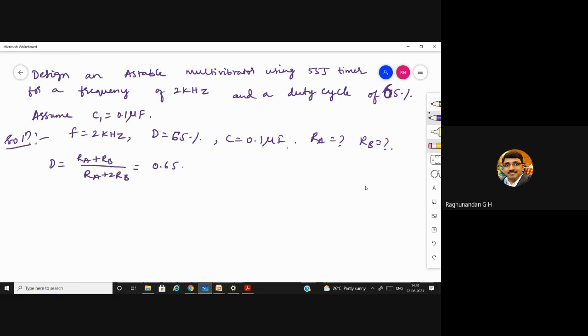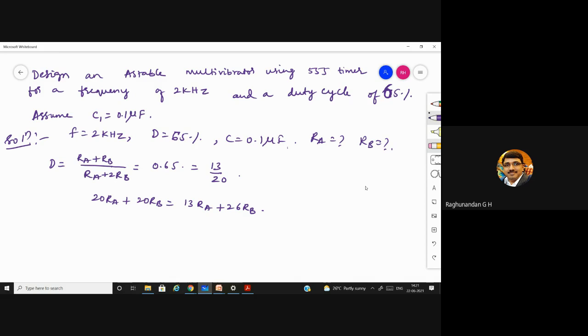Do we have any fraction which is equal to 0.65? This is one method which we can use. If you know any fraction, 13 by 20, sir. 13 by 20. Now cross multiply and simplify: 20 RA plus 20 RB is equal to 13 RA plus 26 RB.